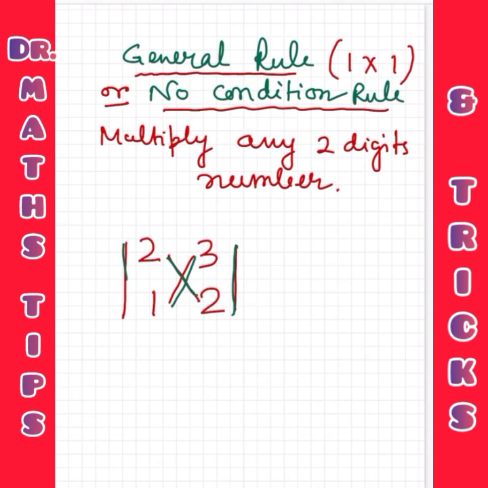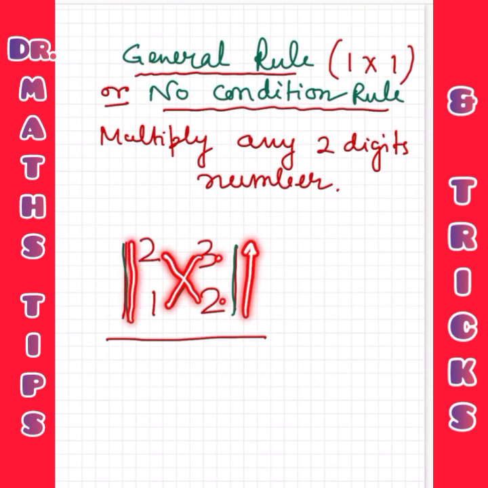Now we will multiply. First we will multiply along this line, 2 into 3, that is 6. Then we will multiply in a crisscross way, and last we will multiply along this line. Now write 2 into 3, 6.